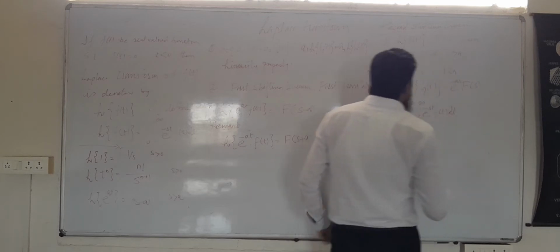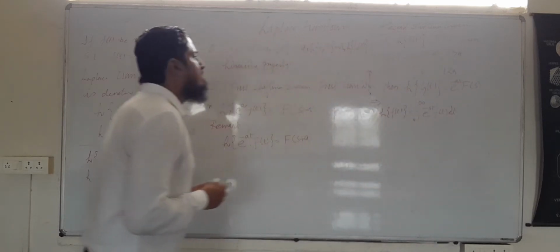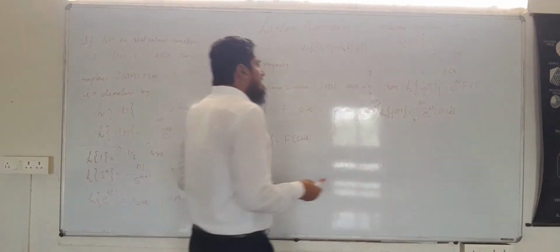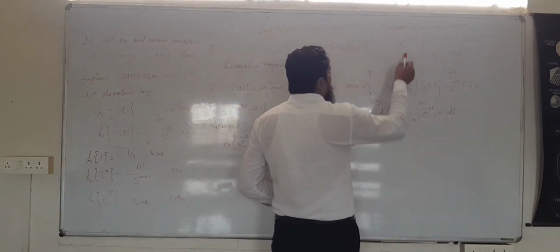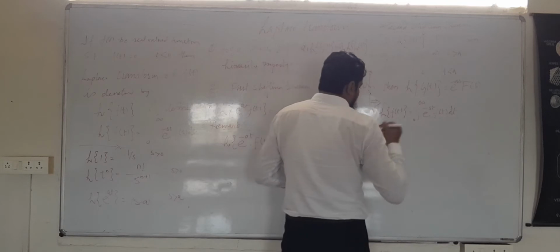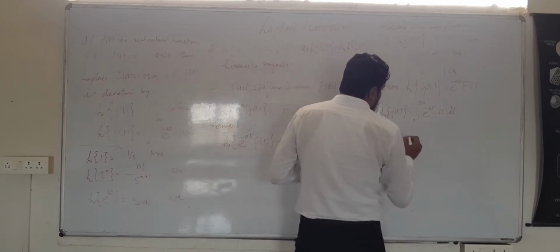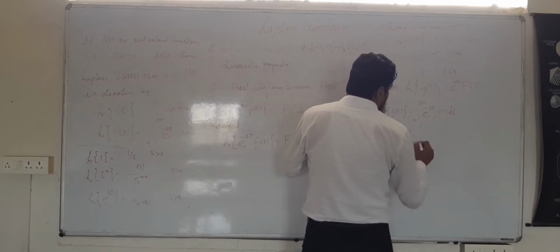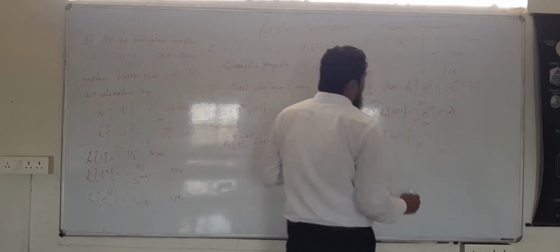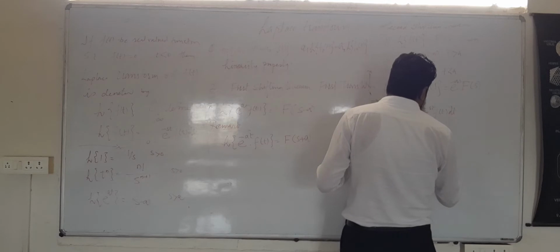Correct? Now we are going to replace this f(t) with g(t). Replace, then we will get the Laplace transform of g(t) as the integration from 0 to infinity e raised to minus st g(t) dt.